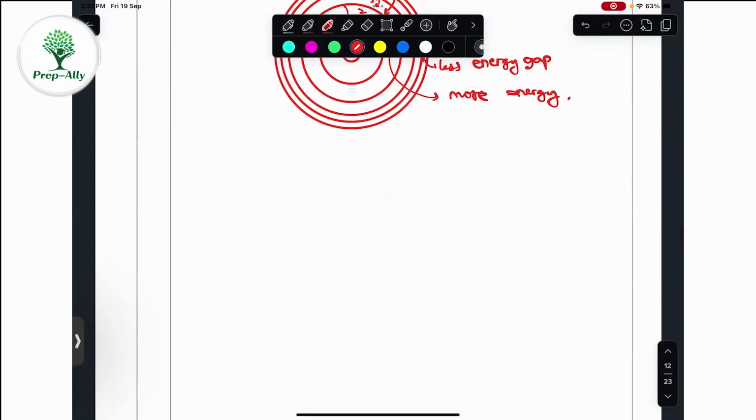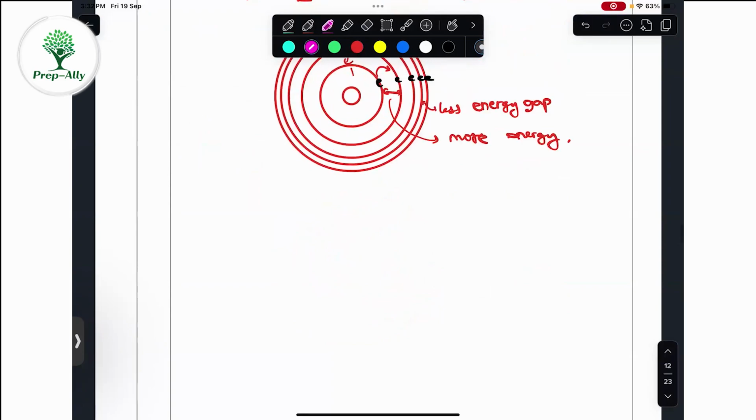How do you calculate? What is the formula to calculate the energy of a level? It is the hydrogen spectrum, so Z is going to be 1. So I can say E = minus 13.6 divided by n square eV. And this gap belongs to the difference between two energy levels.